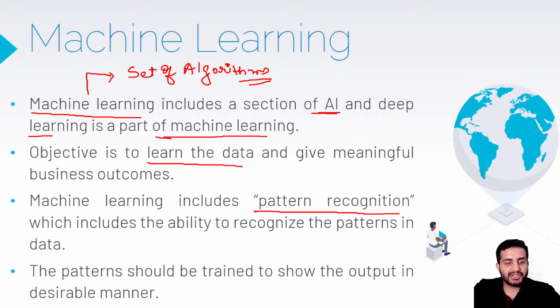Pattern recognition technically means, from the historical data, identify the right set of patterns. With this set of patterns, you should be comfortable enough to take a decision on whatever business outcome you're looking at. That's what pattern recognition practically means.